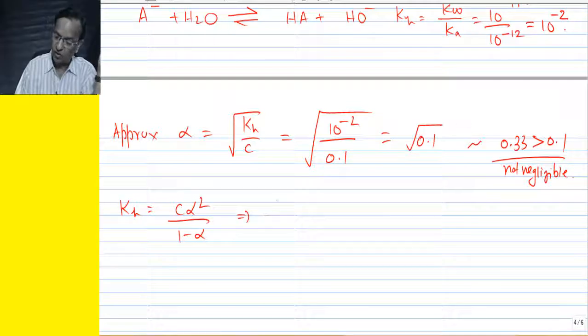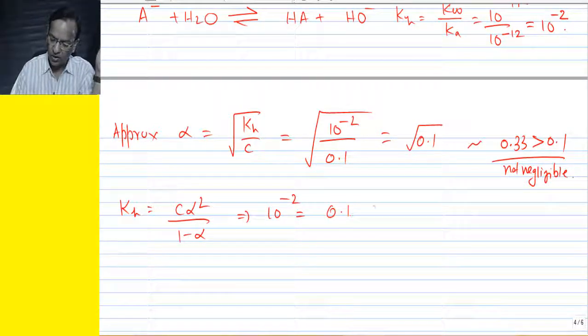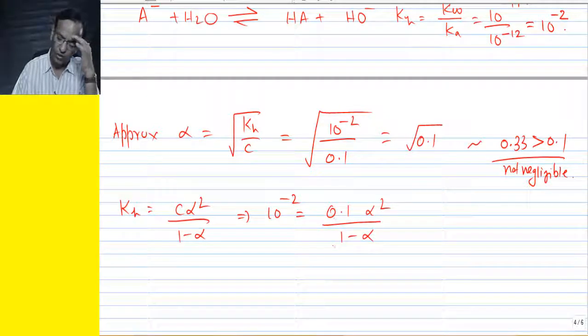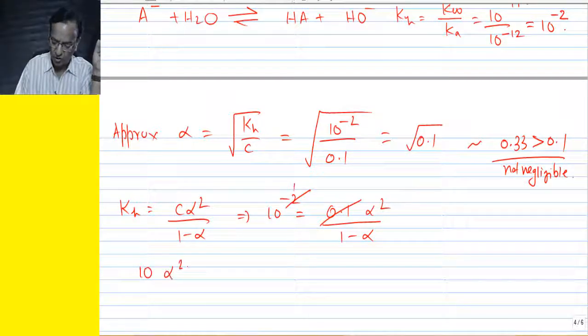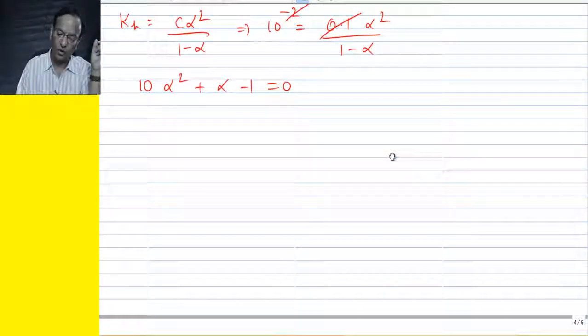So Kh, which is 10 raised to the power minus 2, is C alpha square, C is 0.1, alpha square upon 1 minus alpha. So 0.1 will cancel 0.1 here, minus 1 power, so minus 1 will be left. So it is 1 by 10. So the quadratic equation is 10 alpha square plus alpha minus 1 is equal to 0.